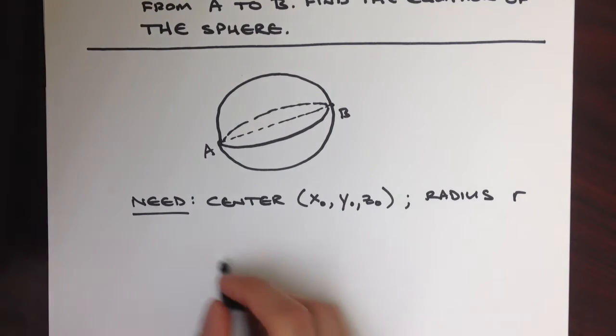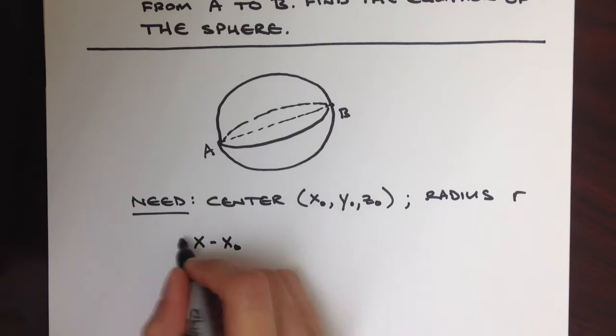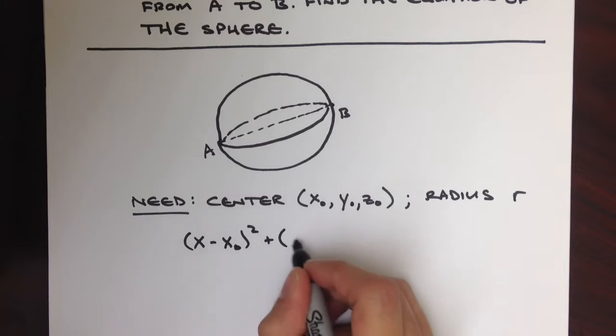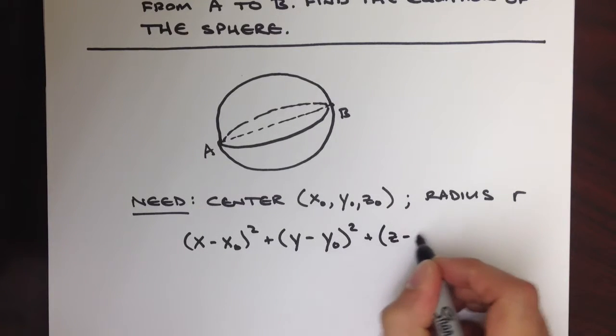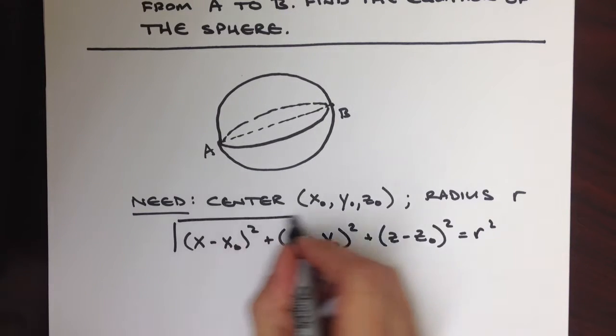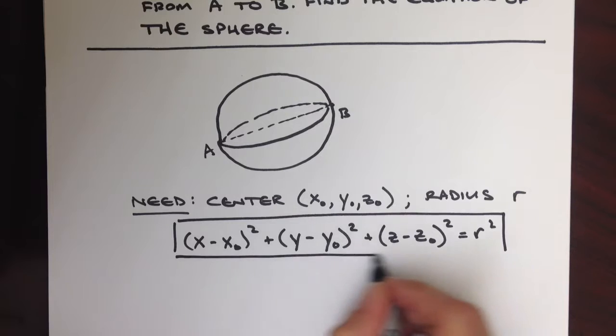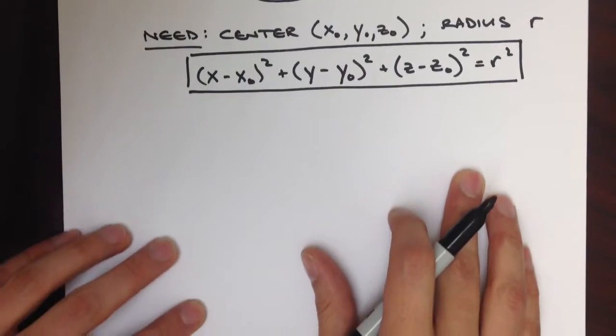Once we have those 2 things, then our equation becomes (x minus x naught) squared plus (y minus y naught) squared plus (z minus z naught) squared equals r squared. So that's ultimately what we're after, an equation of that form where we fill in appropriately the center and the radius. Let's start with the center.